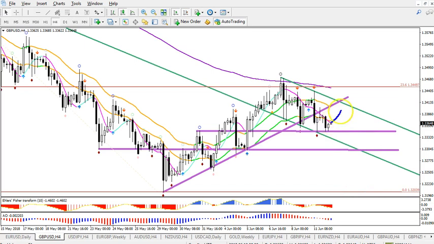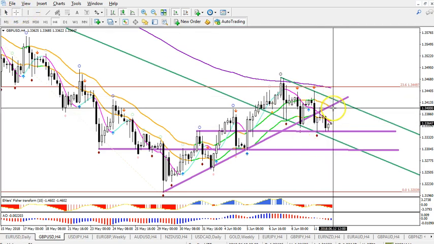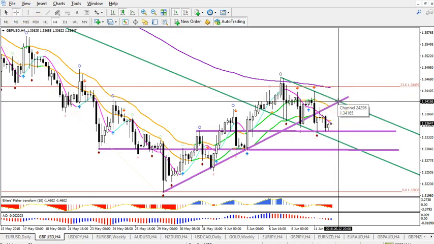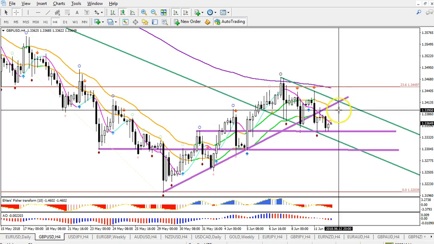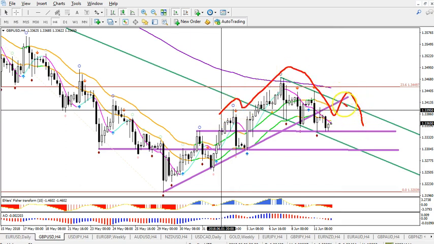If price moves up but respects this confluence up in here and doesn't break out, but rather moves up and hits this kind of zone right here, it's about 134, where we have the broken trend line and the top of the channel, 134.15, could be a head and shoulders as well, like this, around that level.